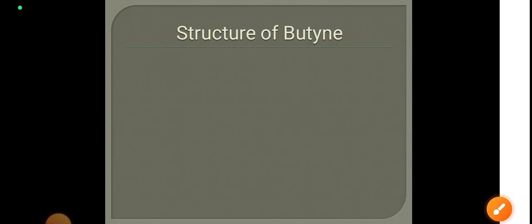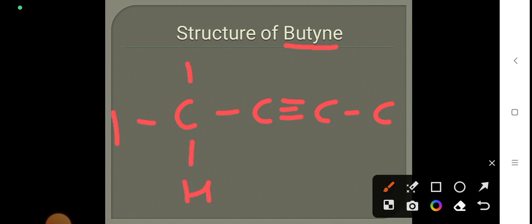Now the next molecule would be butyne. Again, here but would be C4, and yne, if I suppose write it at the C2 carbon. So this is the basic skeleton for butyne. Now the remaining would be to satisfy the valency. So C1 will have three bonds with hydrogen.